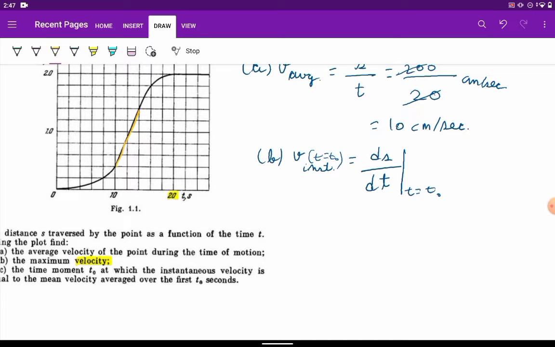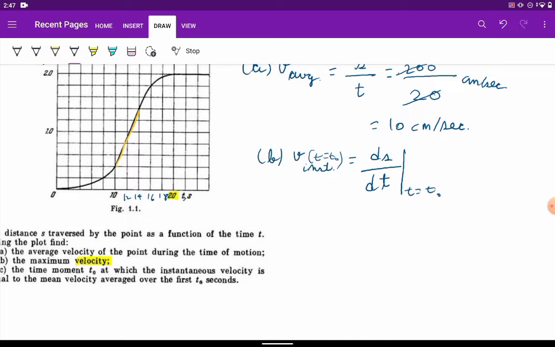You see, this is divided into 5 blocks of 10 by 5, so each block is 2. This is basically 10, 12, 14, 16, 18 and 20. Over here on the y-axis, 5 blocks correspond to 1.